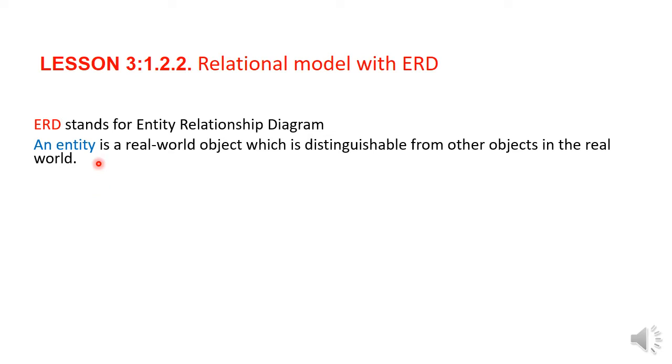So an entity is a real world object which is distinguishable from other objects in the world. This means that any object about which a company or enterprise should store information will be called an entity.